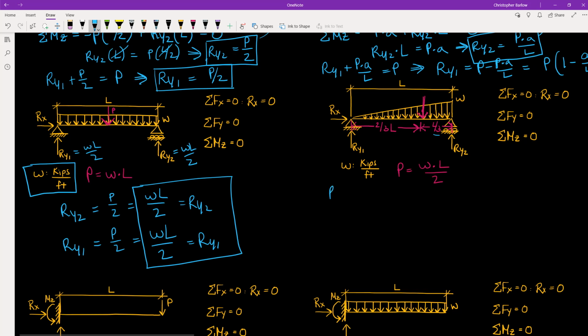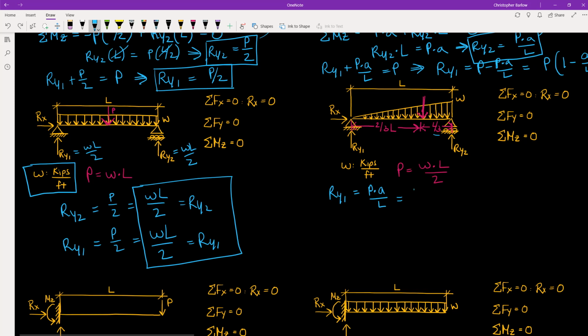So our RY1 will be equal to, note that RY1 is now the further distance away from our point load, and so it will be the smaller reaction. So it will be P times A over L. And we can substitute, now that we know P and A, in different terms for this problem.